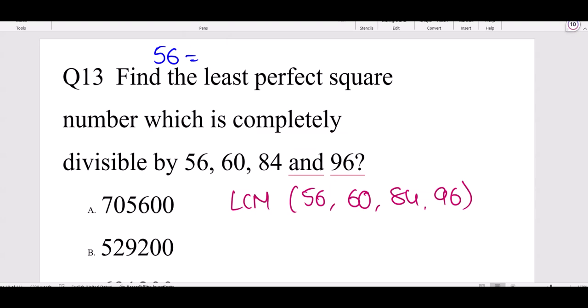This much time, yeah. 2 cube into 7 power 1, okay. 60, sir, you, please, fast. I want 60 in prime number power. Stand up please. I want 16 prime number power.